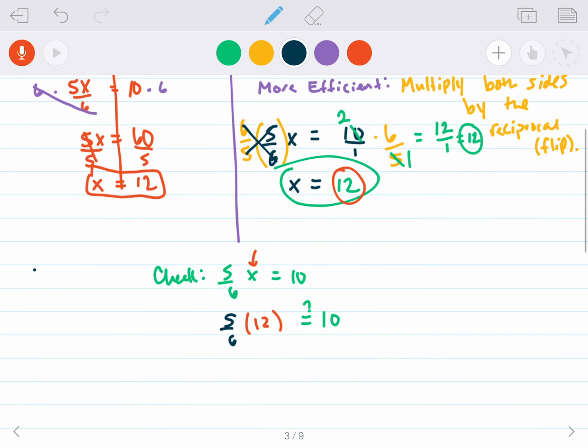Well, yeah, because when I multiply by 12, I'm multiplying by 12 over 1. I can simplify on the diagonals by 6. 6 goes into itself once. 6 goes into 12 2 times. Multiply straight across to get 5 times 2 over 1 times 1, which is indeed 10 over 1, which is 10. Okay, so that's how you can check yourself.